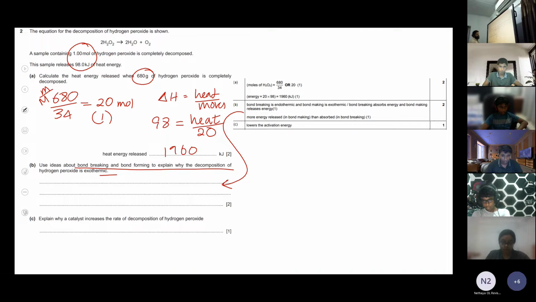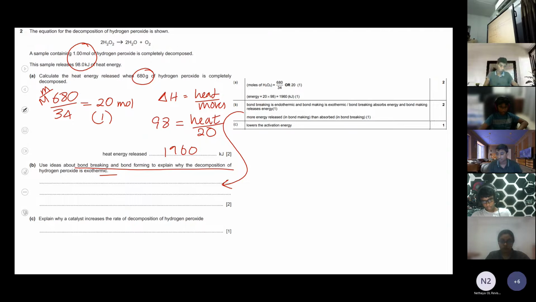Explain why the catalyst increases the rate of decomposition. It lowers the activation energy by giving an alternative pathway. Less time taken, so the reaction is faster. So you better say low activation energy and alternative pathway here, because that's how the catalyst increases the rate of reaction.